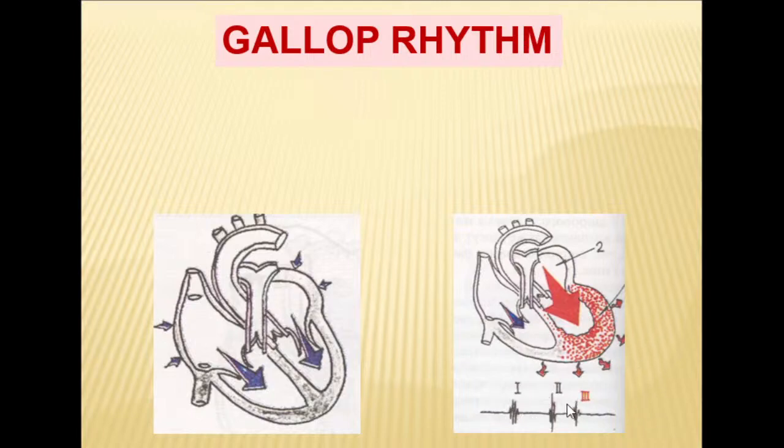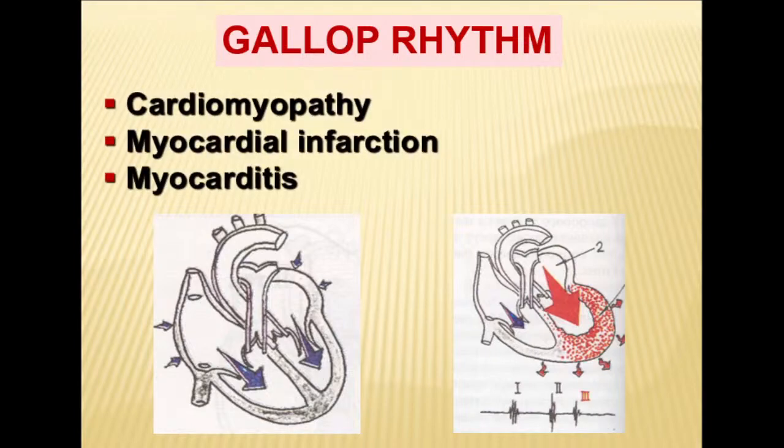We are talking about mixed mesodiastolic gallop rhythm, which may be heard due to deep dystrophic processes in the heart: cardiomyopathy, patients with myocardial infarction, and diffuse myocarditis. Severe heart diseases which affect the left ventricular muscle. It loses elasticity and shows its vibration during the diastolic period.